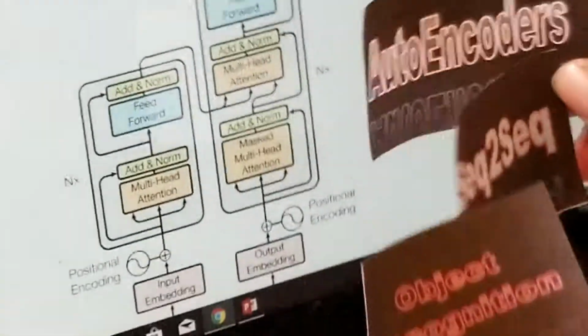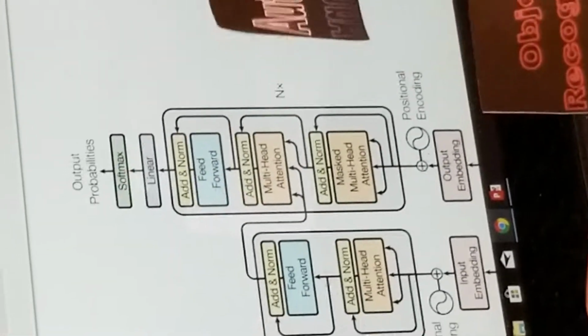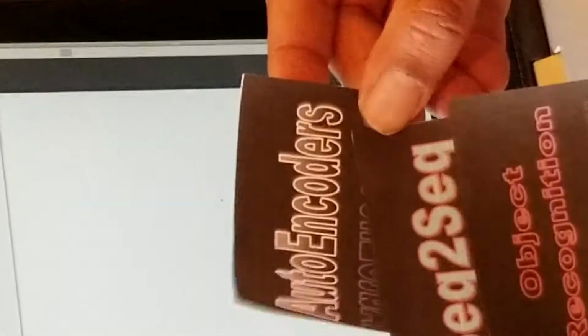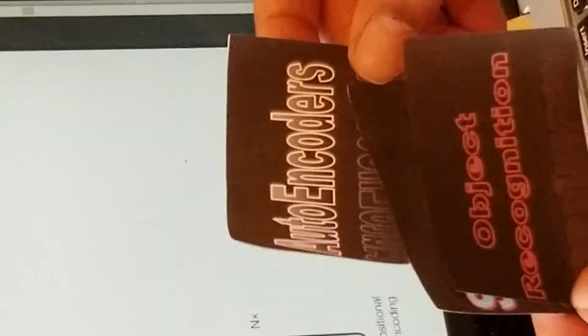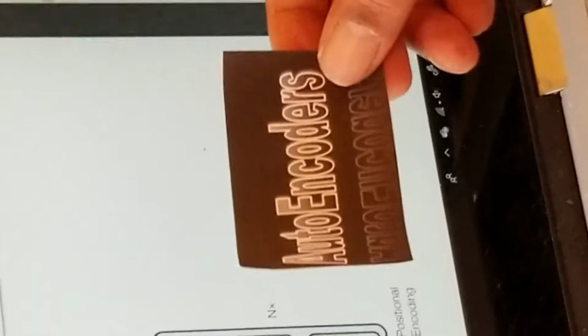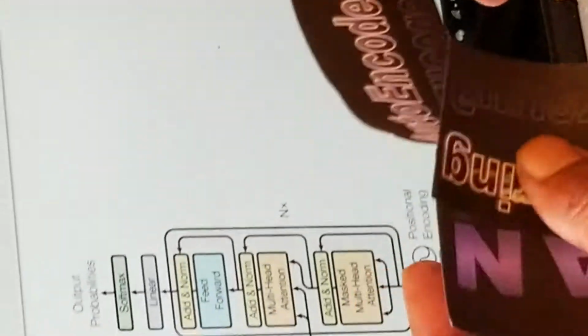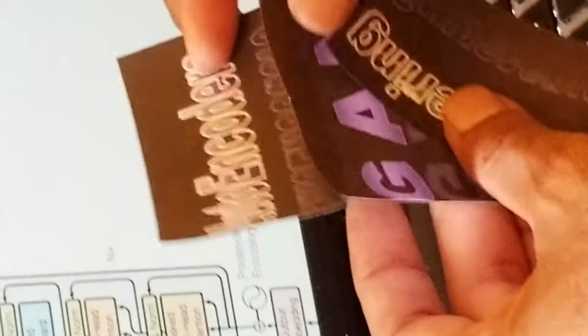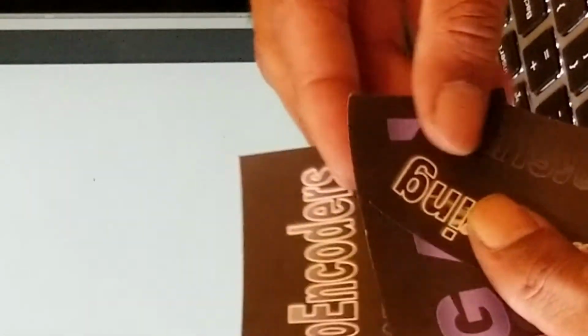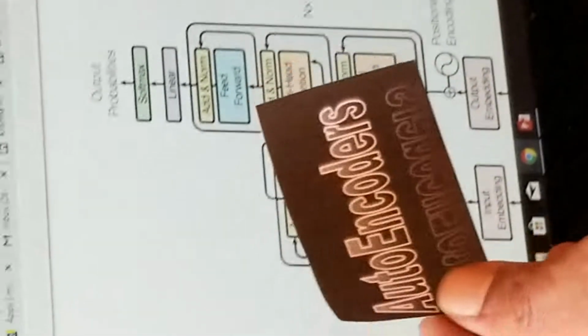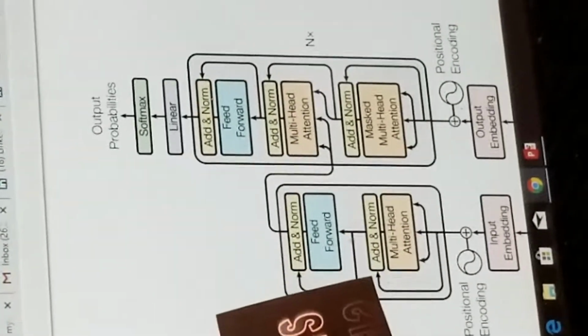The concept behind object recognition is, can it be fixed? This person has a choice of putting two cards down and getting two new cards, and then this person has to make sense out of these cards. Like this person can use the autoencoders here.